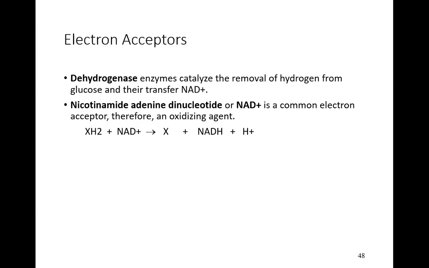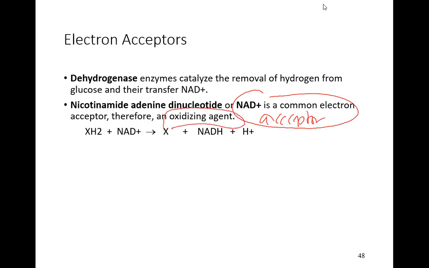It takes place in the cytoplasm, and it uses NAD plus as the electron acceptor. NAD plus is an oxidizing agent. Normally, we think of oxygen as the oxidizing agent, but NAD plus is an electron acceptor, and that makes it an oxidizing agent.